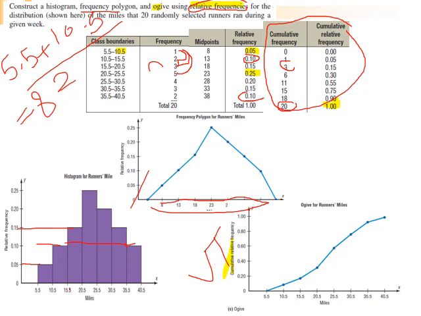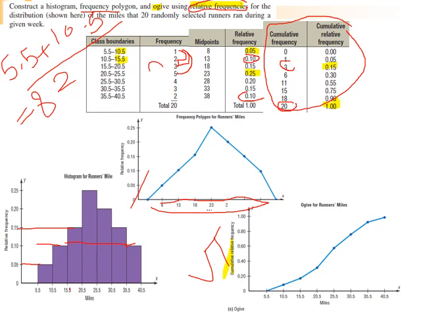At the second, the upper value here is 15.5, and the value in the cumulative relative frequency column equals 0.15. And so on, up to the final class, which should be equal to 1.